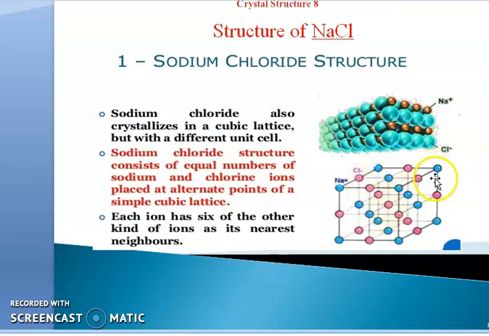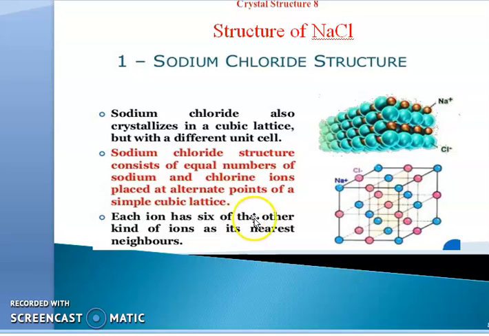If we count the number of sodium and chlorine ions, then we will come to know that they are equal in number. For example, we see 1, 2, 3, 4, 5 sodium. And if we count these pink ones also, then the number of chlorine ions and sodium ions are equal.